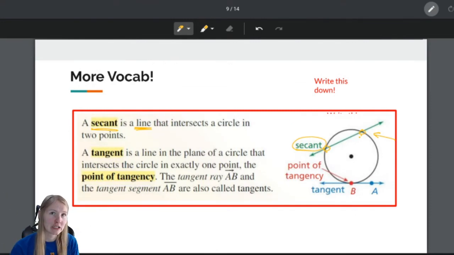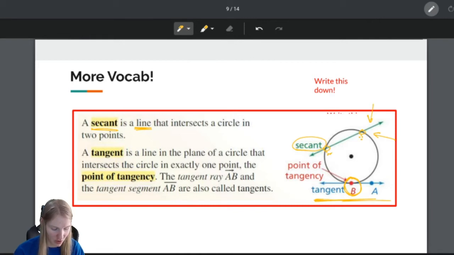A tangent is a line in the plane of a circle. It's on the same plane as the circle, and it intersects the circle in exactly 1 point. And we call that point the point of tangency. So here, you can see B right here, and this whole blue line only touches that circle at this point B. So a secant touches a circle in 2 points.